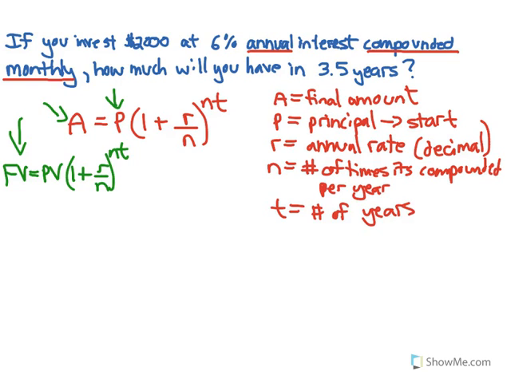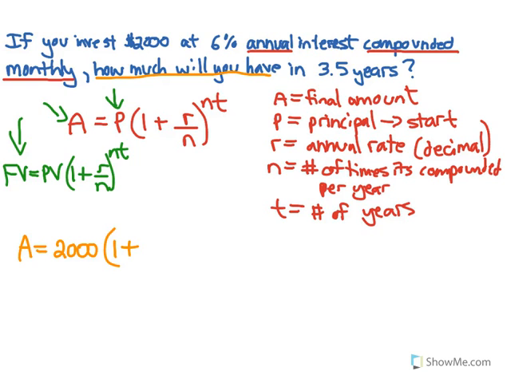So let's go through this and fill in our blanks. I'll use orange to solve. So we have A, that's what we're looking for. We're looking for that final amount because it says how much will you have in a certain amount of time. P is our starting amount, that's 2,000, into 1 plus, what's R? R is our annual rate.